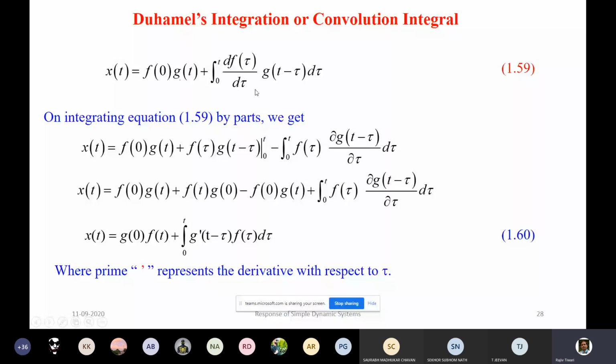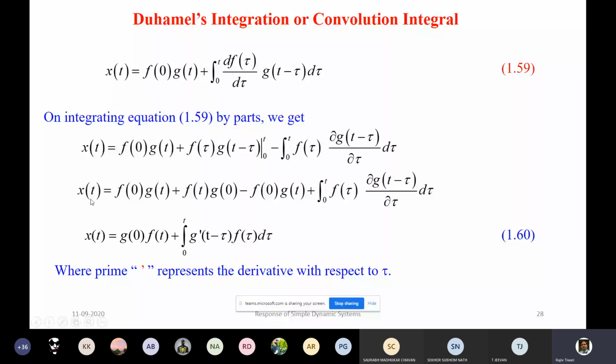Integration by parts means the integration of the first part, that is f(tau), times the second part as it is, with limits 0 to t, minus the integration of the integral of the first part times the differentiation of the second part with respect to tau. This is integration by parts.